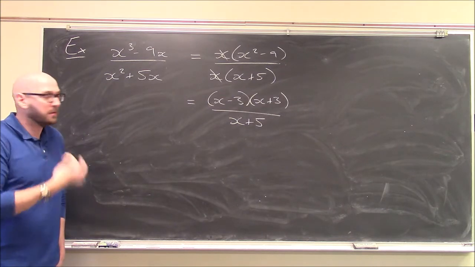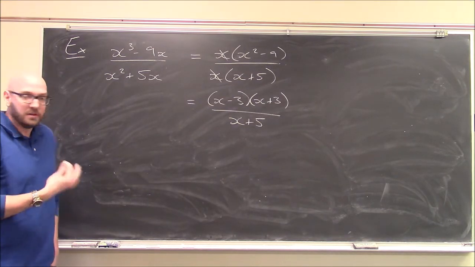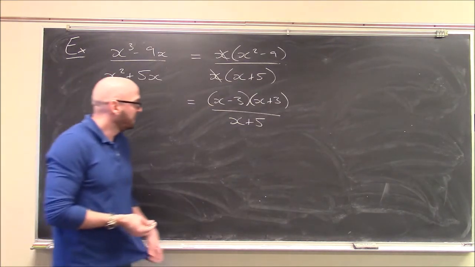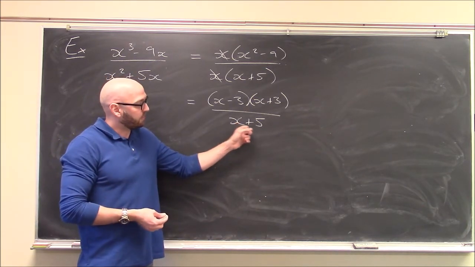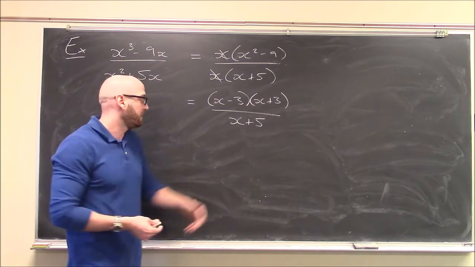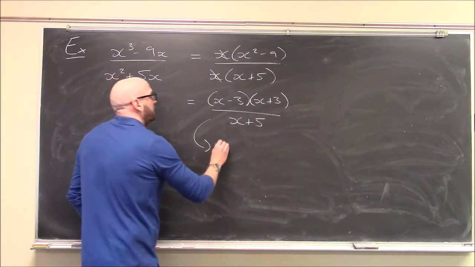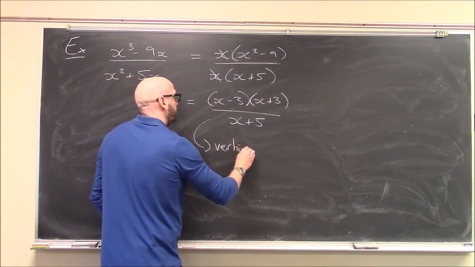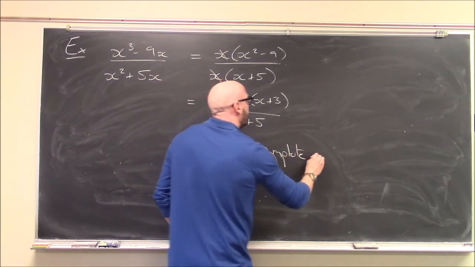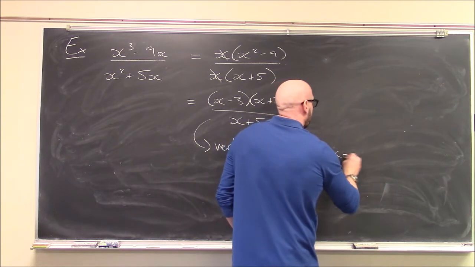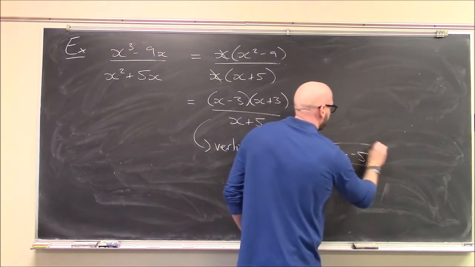We are fully factored, fully reduced, and at this point you can just easily read off the vertical asymptotes. It's the zeros of the resulting denominator. The zero of x plus 5 is x equals minus 5. So the vertical asymptote is at x equals minus 5.